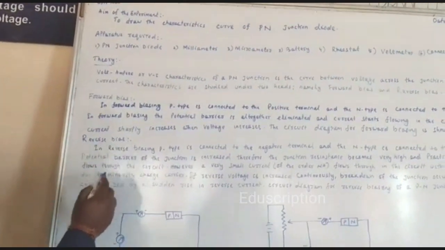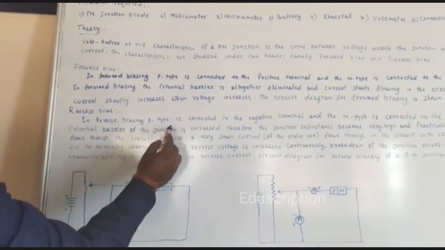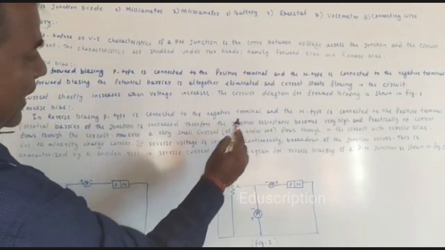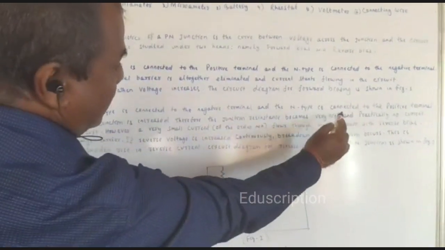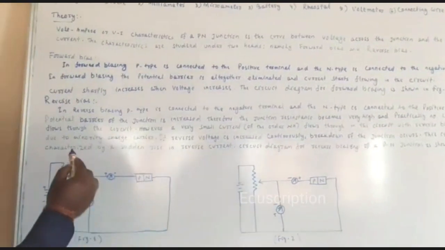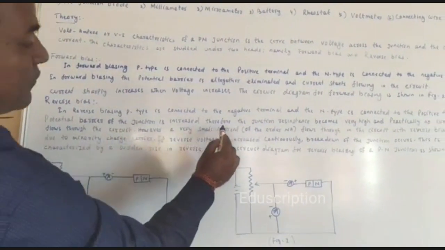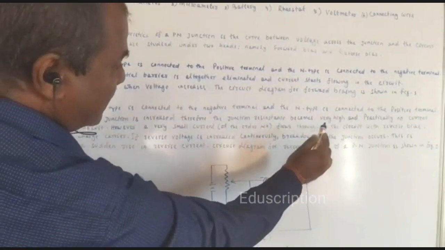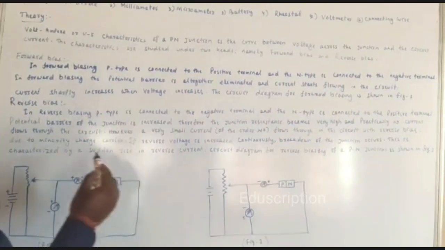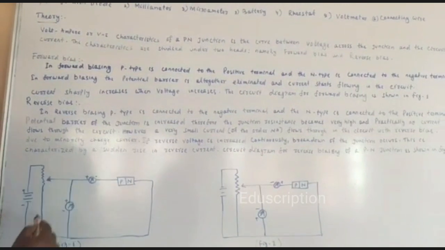For reverse bias, the P type is connected to the negative terminal and the N type to the positive terminal. The potential barrier of the junction is increased, therefore the junction resistance becomes very high and practically no current flows through the circuit.